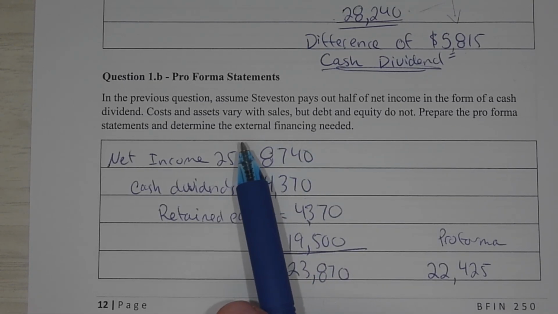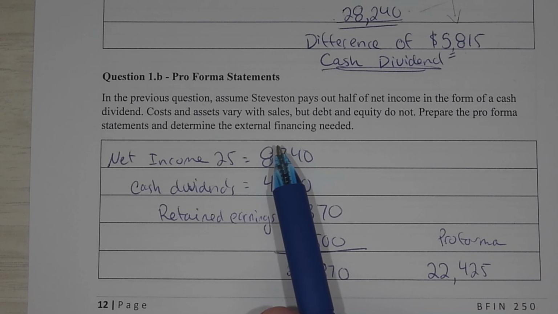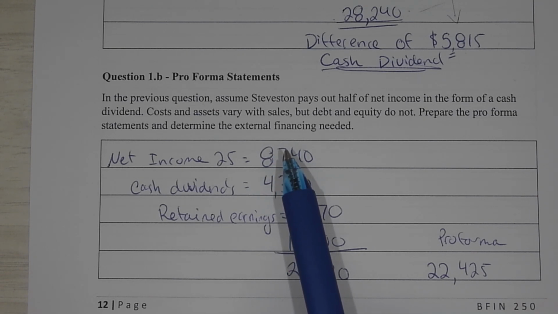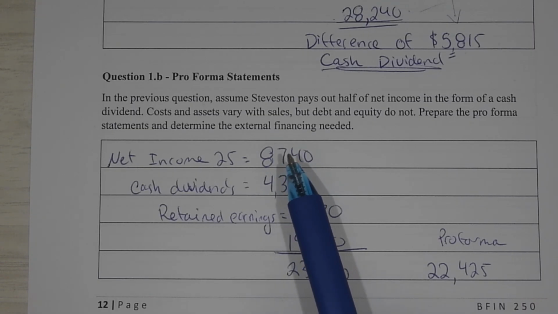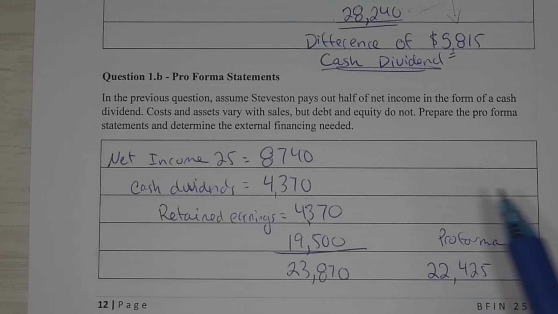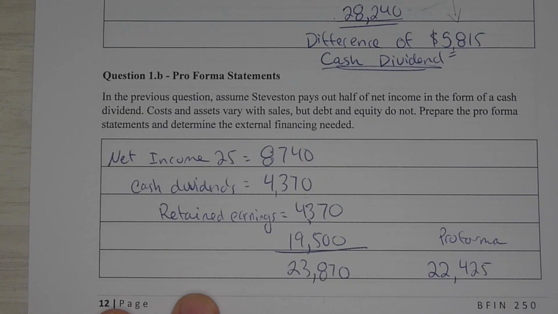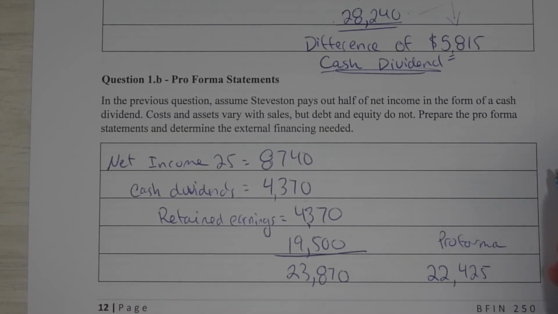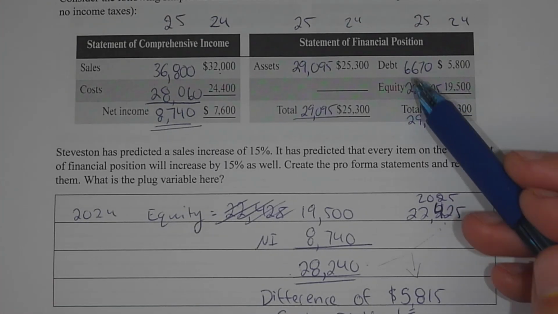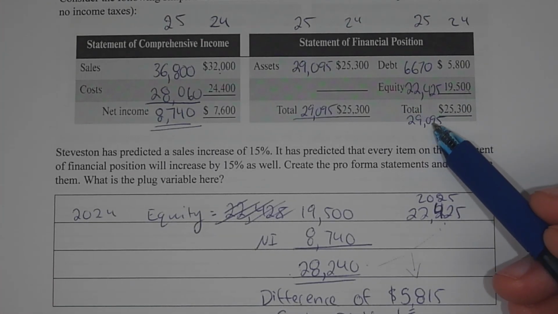Sorry, our pro forma debt and equity was going to equal $29,095.